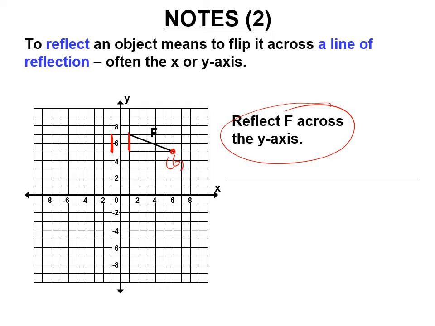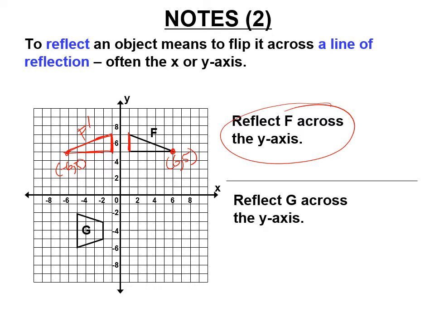This one is at 6, 5. And we're going to flip this over to -6, 5. Right? Make sure it is not twisted. Make sure you could take F, flip it like a pancake, and it would land right on F prime. That's what a reflection looks like.